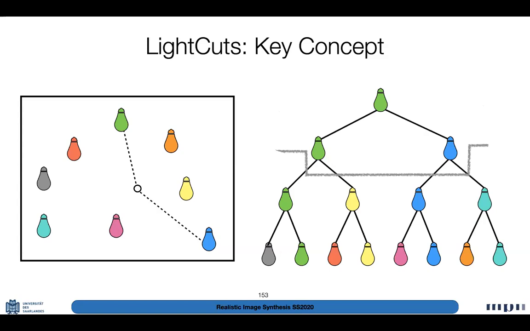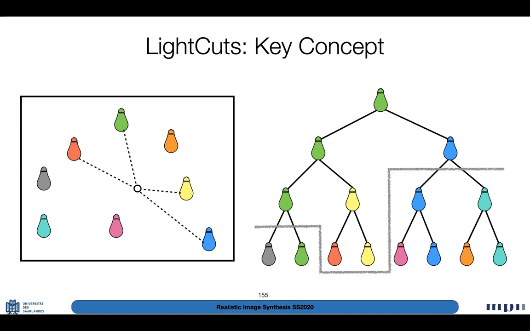If you select this cut, it means that you are connecting to both the green and the blue light. If you select this cut, it means that you're selecting the green, the yellow and the blue light. The process goes on, so you can have any kind of light cut you want in this light tree. And it would mean that you connect to the corresponding lights which are present in the cut of the tree.